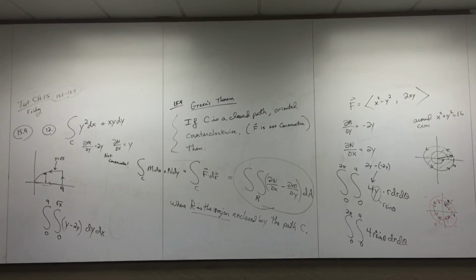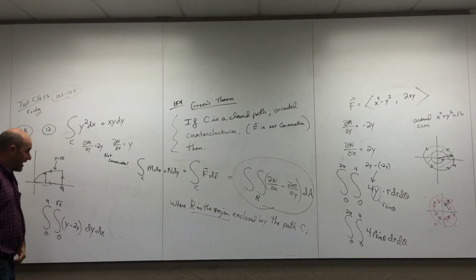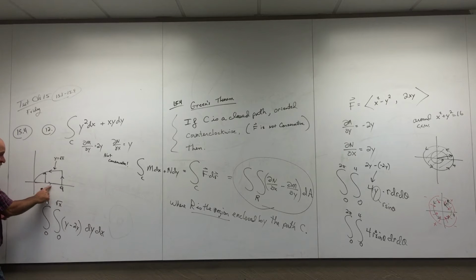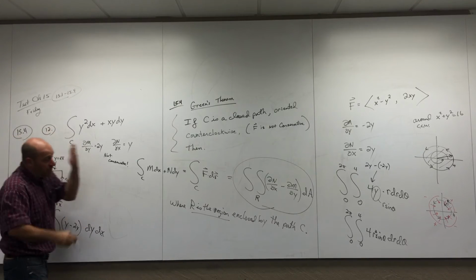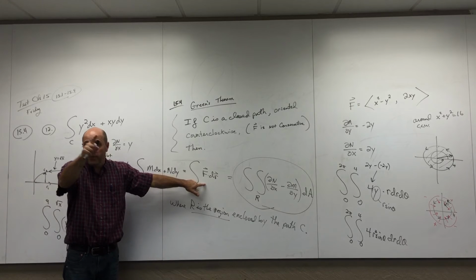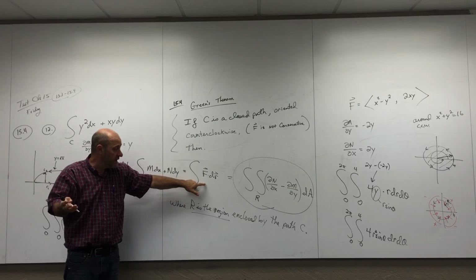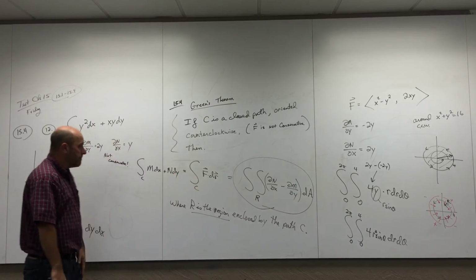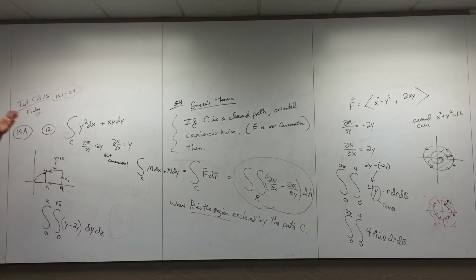To do this without Green's theorem, you got to do C1, which ain't a very hard path. You got to do C2, which is an easy path. You got to do C3. You'd have to do 3 of these and add them all together with your 3 different little paths to figure out what this is. So we could do that, but boy, Green's theorem, this is easy.